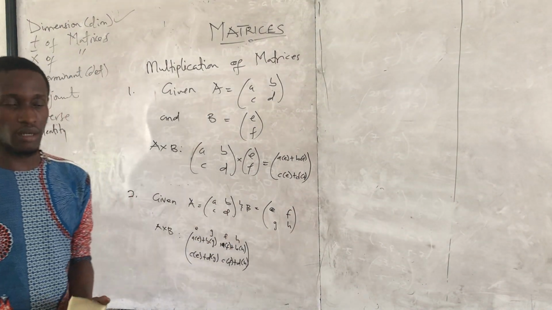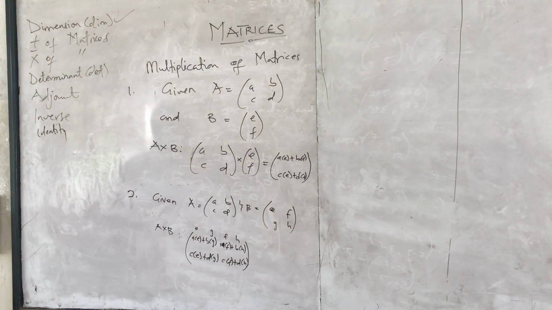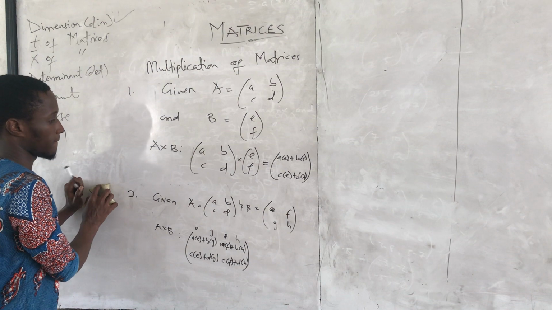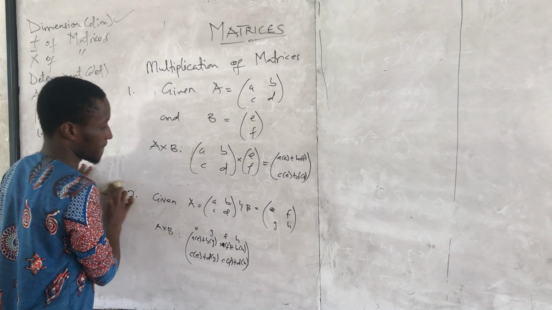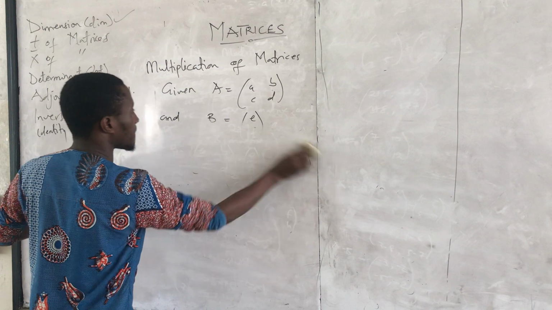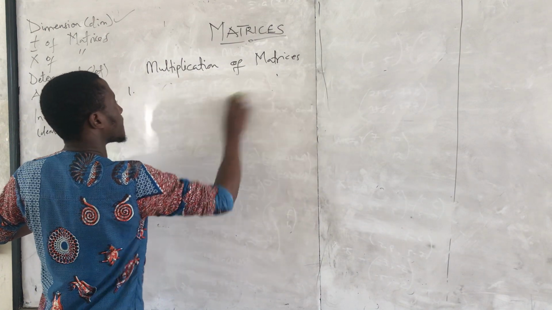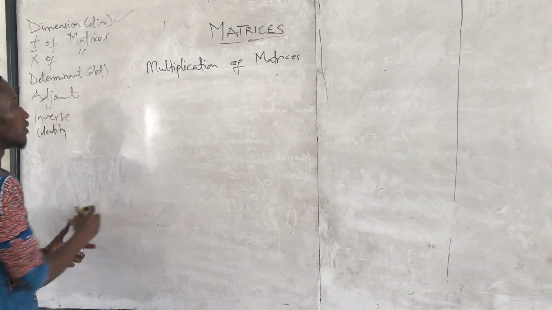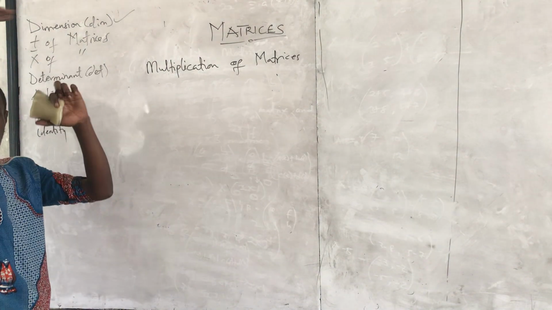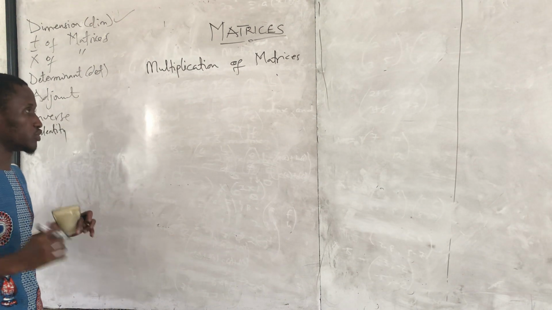We will take worked examples. Then we'll look at the 3 by 3 matrix. So let's do for the 3 by 3 and we'll take an example for each of the examples I give.